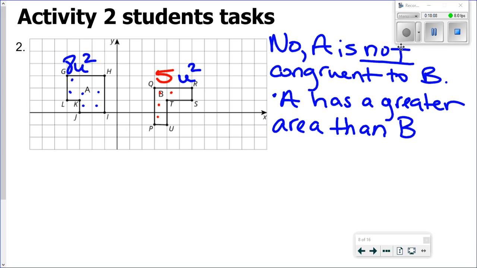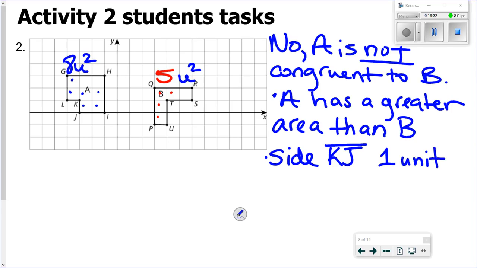You could also say certain side lengths are not congruent. For example, side KJ is 1 unit long. And if I were to reflect this image over and translate it, I could try to make the argument that it would correspond to side TU.